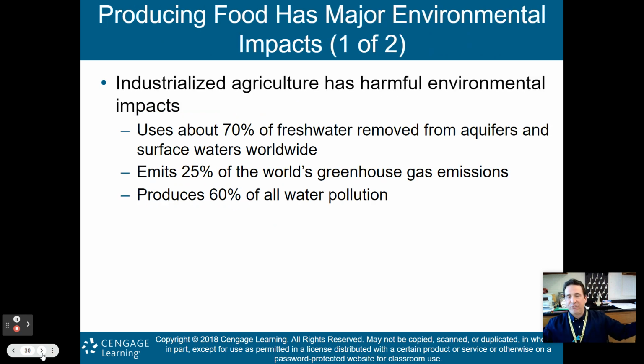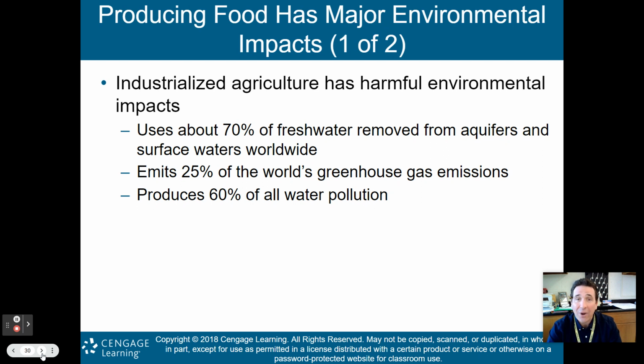So, producing food has major environmental impacts. Industrialized agriculture has harmful environmental impacts, uses about 70% of the fresh water removed from aquifers and surface waters worldwide. 70% of the fresh water is used in industrialized agriculture. That only leaves 30% for people to drink. Industrialized agriculture emits 25%, or a quarter, of the world's greenhouse gases.